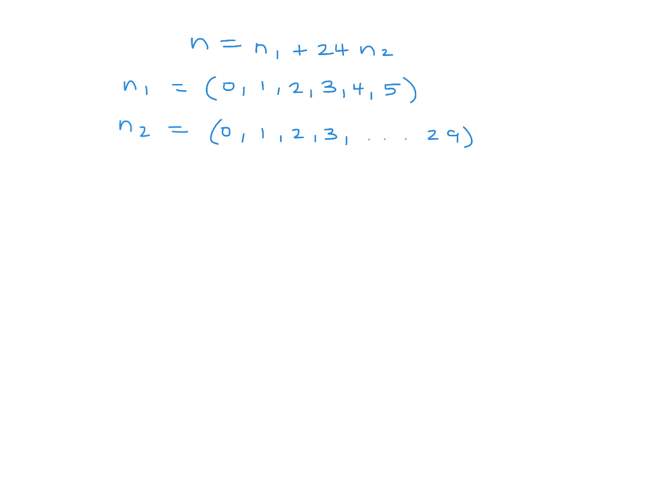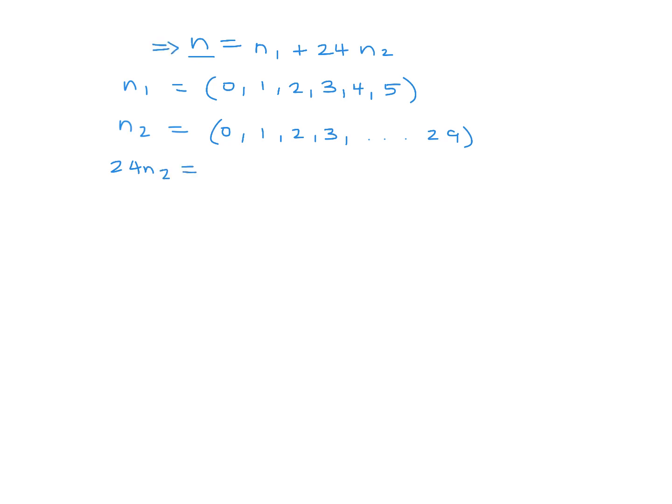Now, let's figure out how we possibly get n, this guy right here. Well, the first thing is to keep in mind that it's not just n2, it's 24 times n2. So 24 times n2 is really what we're adding when we try to figure out n.